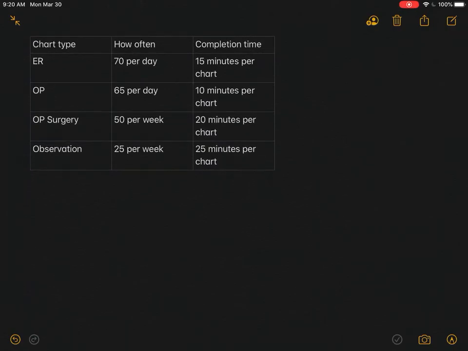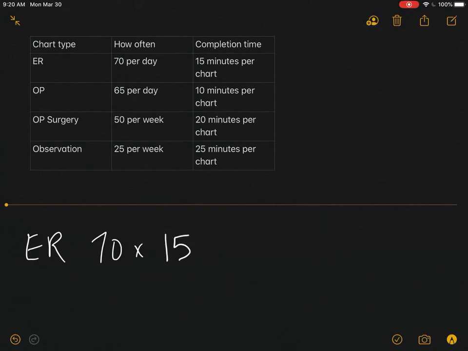We're first going to take our ER, and we're just going to make our little notes here. So we have ER, and we're going to say 70 times 15. That's the time. ER charts take 15 minutes, and we have 70 of them.